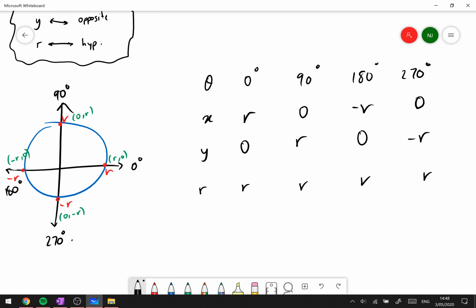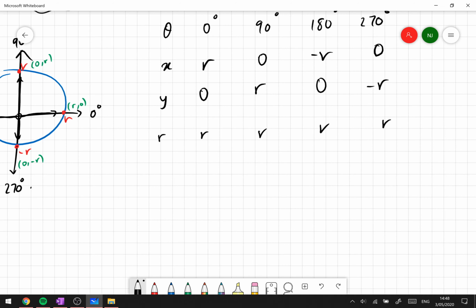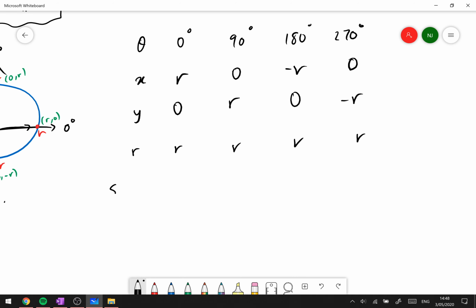So no matter which part of the circle I'm on, is it 0, 90, 180, or 270, the distance from here to there, so we're talking about distance, is always just as long as the radius is. Now we can use these boundary angles to work out what sine theta, cos theta, and tan theta are, and then we'll do sec, cosec, and cot after this.